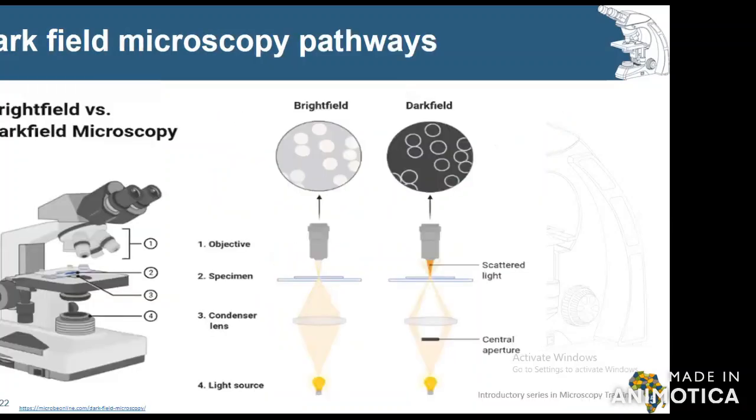All right, now we have this picture showing the pathways for the dark field microscope, comparing it with that of the bright field. The diagram shows the light paths to the sample in the bright field and in the dark field modes.